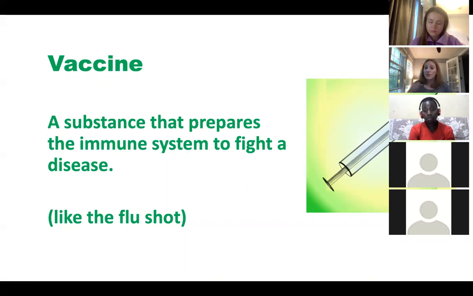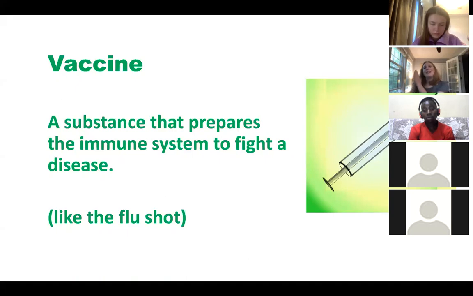And then human doctors do that for their human patients. An example could be the flu shot. And notice you give the flu shot at the start of the flu season because a vaccine's not going to be super useful after you already get that germ. Does that make sense?